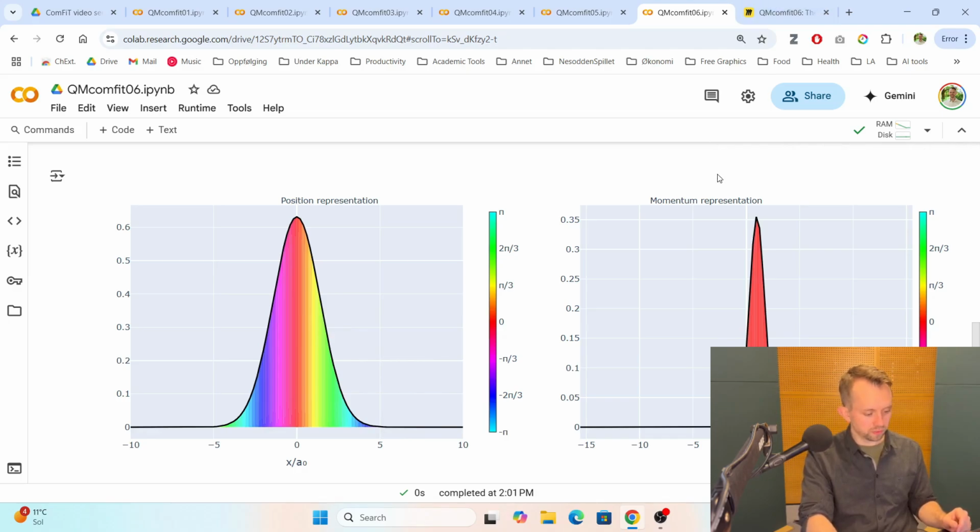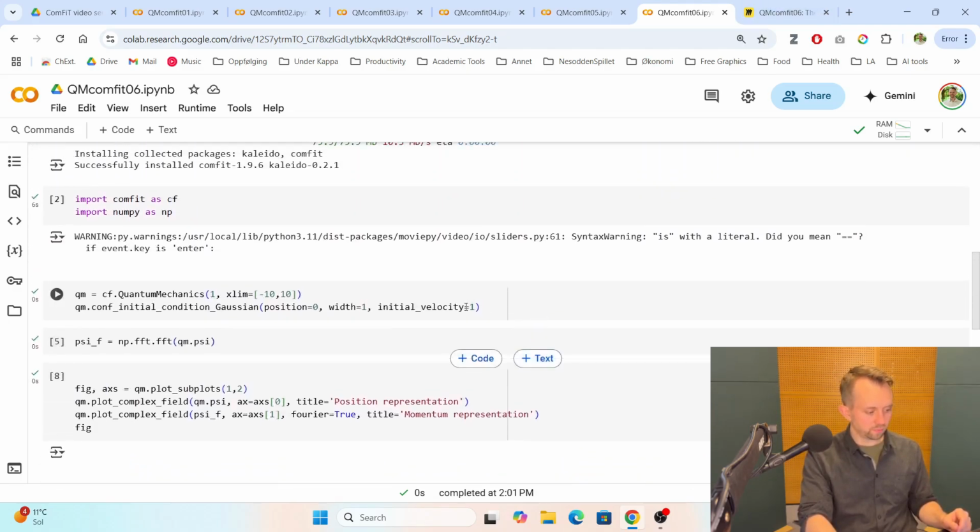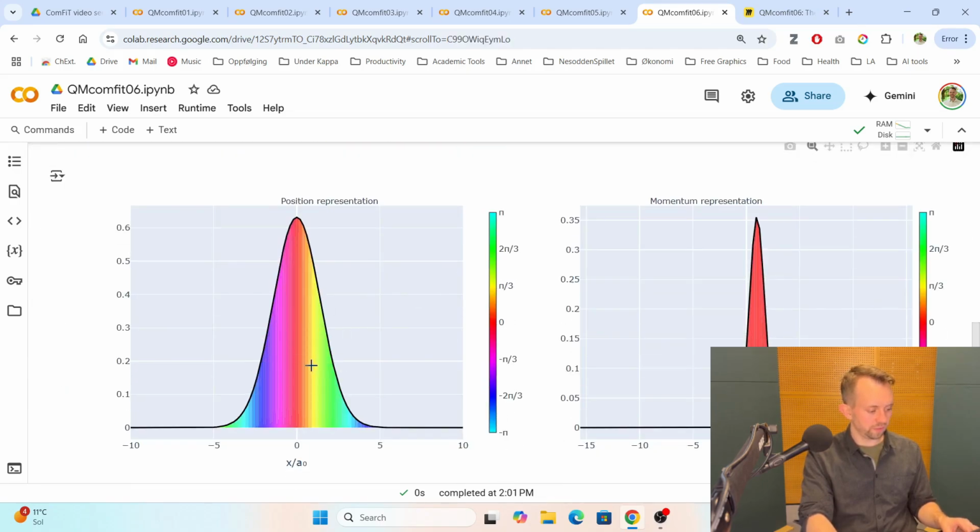Now, what's to be noticed is that since we gave it an initial velocity, so it has this phase gradient, the momentum representation is not centered at 0, it's actually centered at 1. Due to the limited resolution, it looks like the peak is at 0.93. It should actually be at exactly 1.